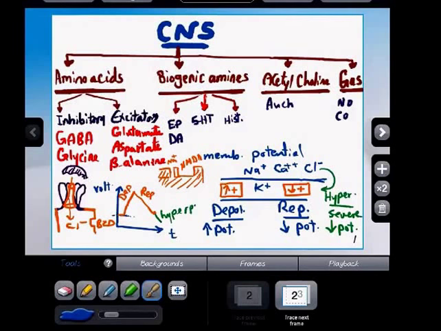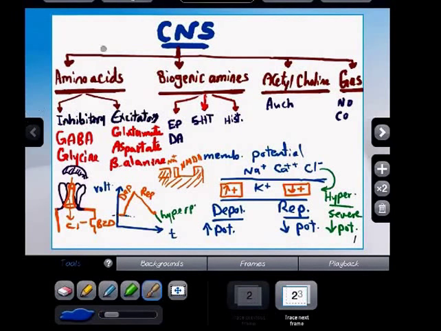So today we will talk about the central nervous system, which is the brain and the spinal cord. To understand it, we should know what the neurotransmitters in your brain are.